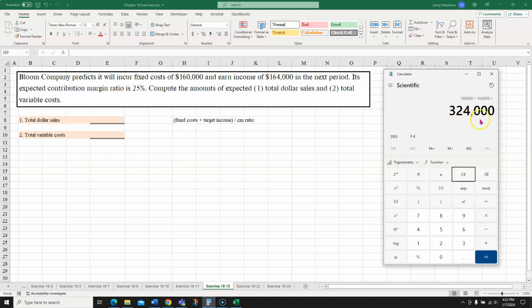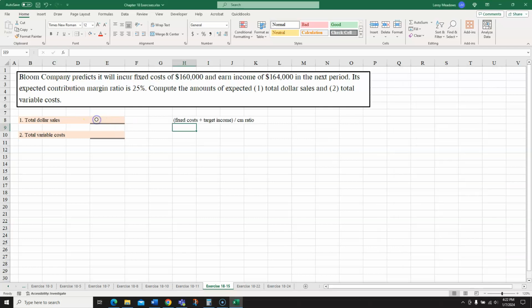So I'm going to take that $324,000, and I'm going to divide that by what? Contribution margin ratio, we're told is 25%, so 0.25. $1,296,000.